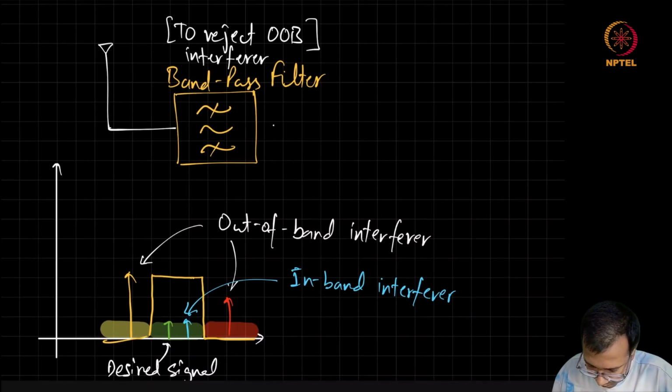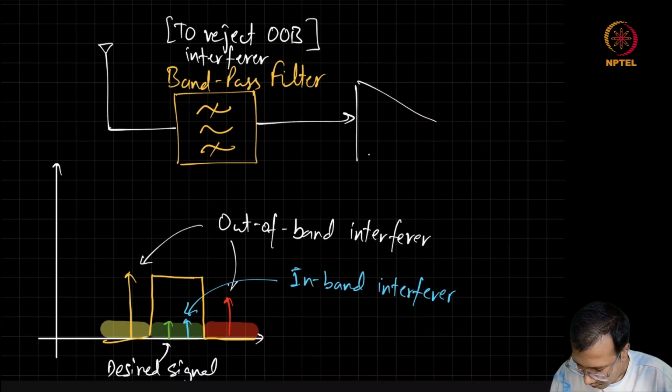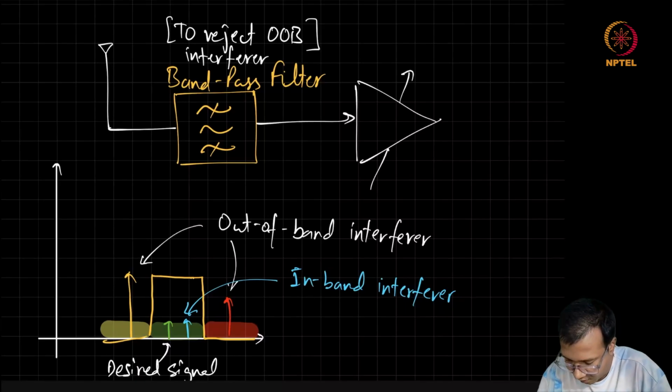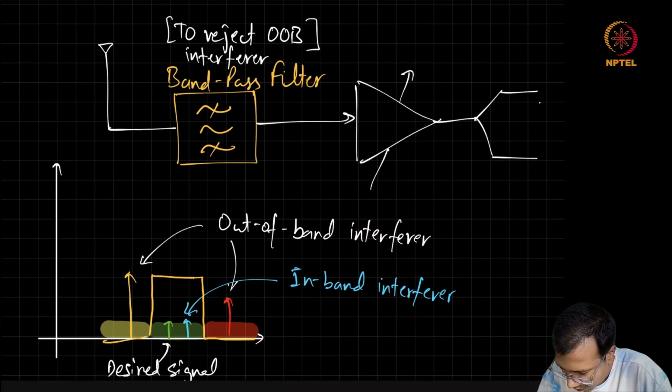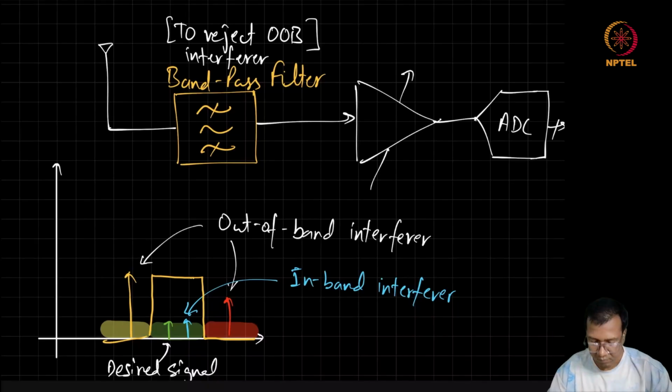And this output, we are going to feed to the VGA, assuming the VGA is going to handle in-band interferers. And then we are going to feed it to the ADC for digitization. Okay. So now the simple receiver which we started with has got one more block. This is a band pass filter followed by VGA and then ADC.